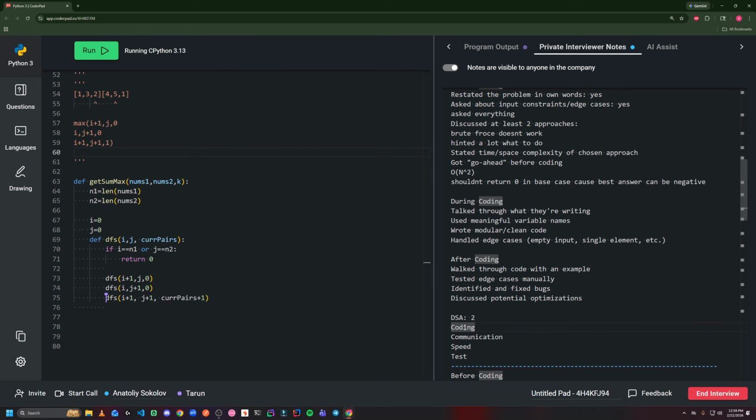So here I can maximize the product of each pair: nums1 of i into nums2 of j.